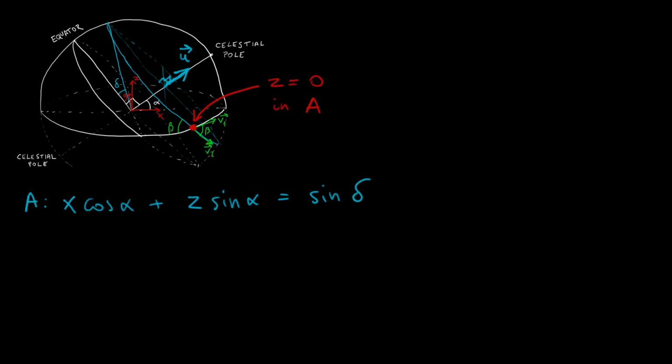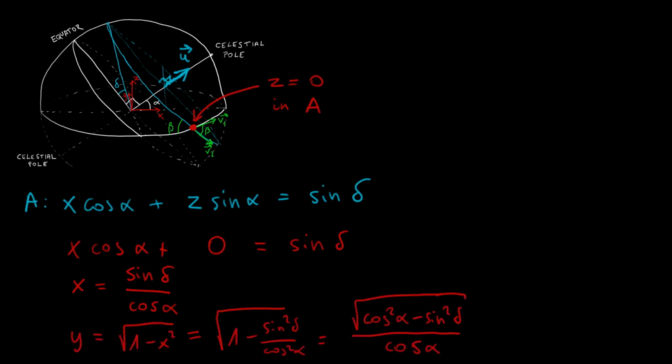So we get x times cosine alpha plus 0 equals sine of delta, which means that x is just sine of delta divided by cosine of alpha. We can calculate y from the knowledge that the point lies on a unit circle, so its distance from the origin is 1. Then x squared plus y squared equals 1, and so y equals square root of 1 minus x squared, which equals square root of blah blah blah.